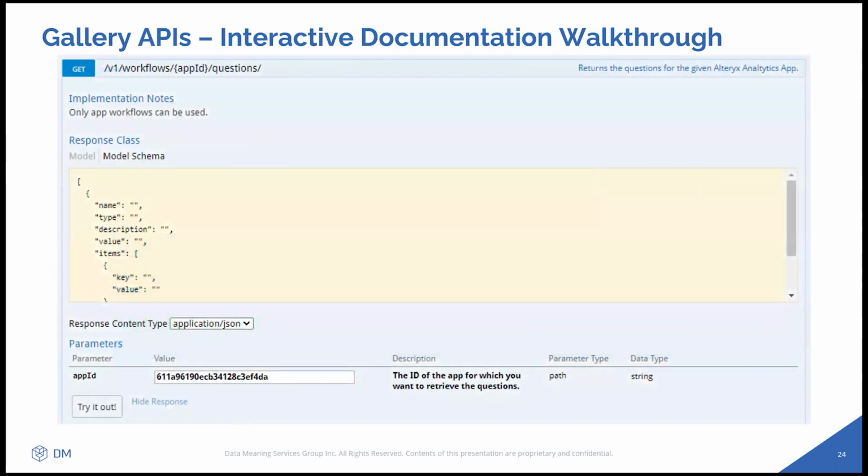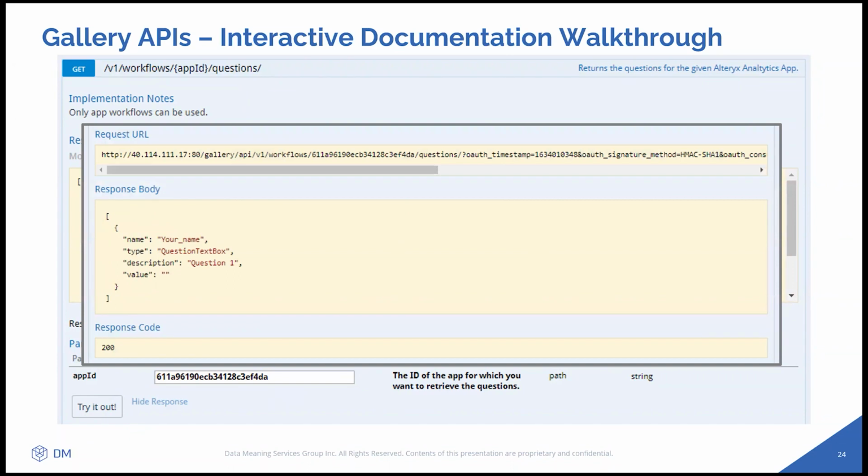So just click on it, and you need to insert the app ID down below. This ID here, right? So this is the workflow ID. You can copy that from the URL, as I mentioned earlier.